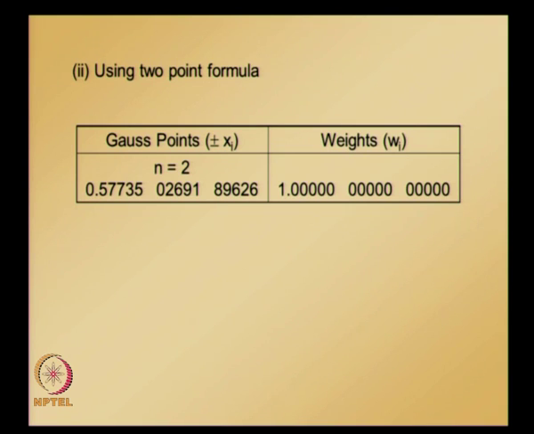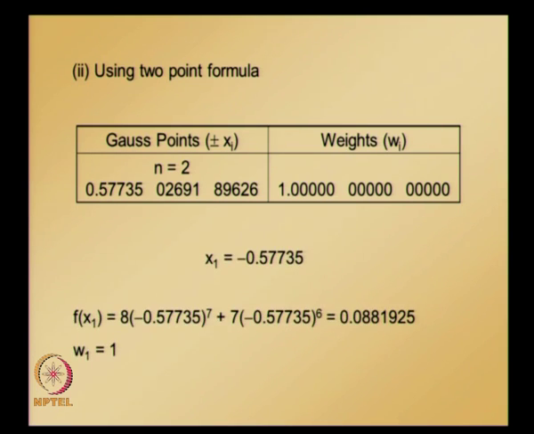So, the coordinates and weights from the table, it can be easily checked, these are the values. Now what we need to do is evaluate the function at these points, that is minus 0.57735, multiply it with 1 and add it to the function value at 0.57735 multiplied by 1.